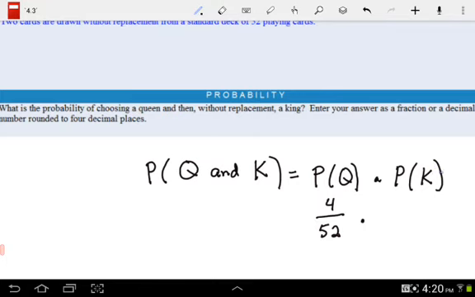So the probability of a king given that we've already picked a queen, because it does say without replacement, would be 4 out of 51 because we've already pulled 1 card out. And so now I'm going to let you just multiply that out. You could just throw that in the calculator.